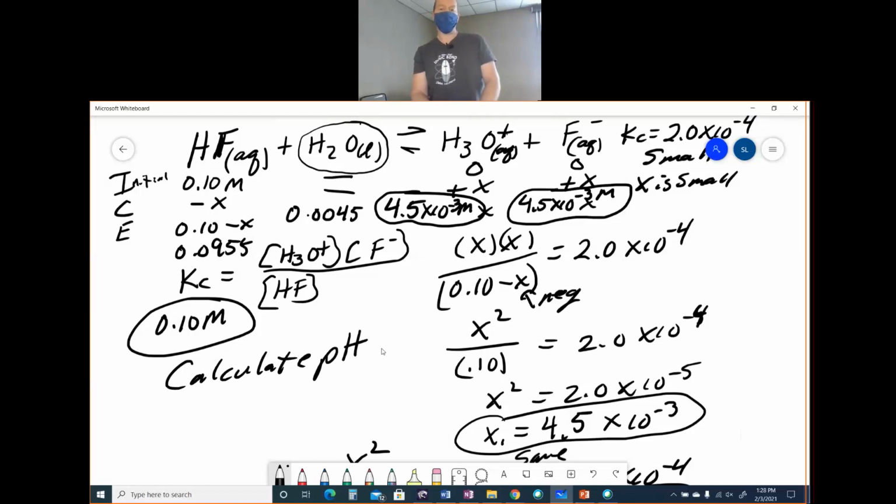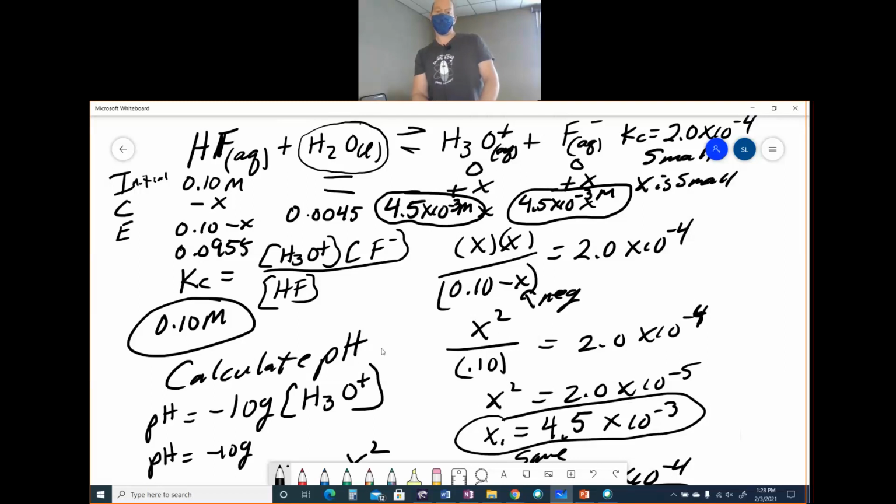All right, and you're going to have the equation that pH is equal to the negative log of your concentration of H3O plus. So your pH is equal to the negative log of your concentration of H3O plus, and this is at equilibrium. All right, and so that is your 4.5 times 10 to the minus 3.